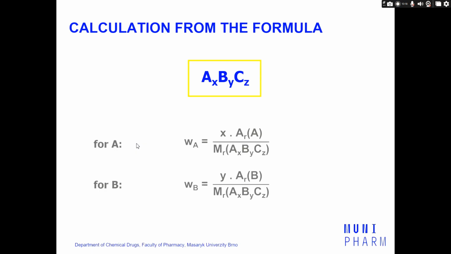The atomic relative mass of the element B multiplied by the coefficient Y divided by the molecular relative mass of the whole compound. The atomic relative mass of the element C multiplied by the coefficient Z divided by the molecular relative mass of the whole compound. To check that our calculations are right, the sum of all three mass fractions has to be 1 or a number very close to 1 because of the rounding.